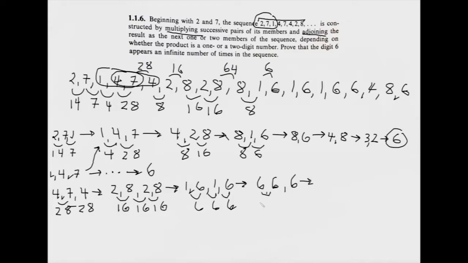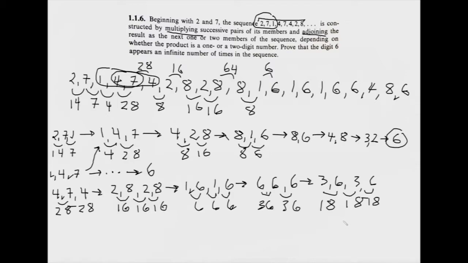Okay, this looks a little more promising. 36, 36, okay. 3, 6, 3, 6. And then let's see what we get here. We get an 18, 18, 18. Okay.